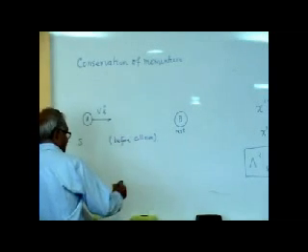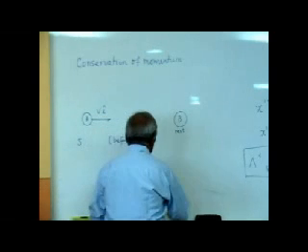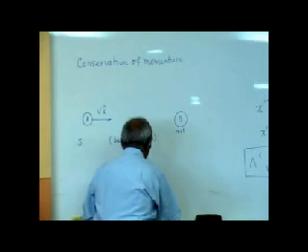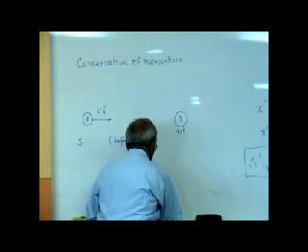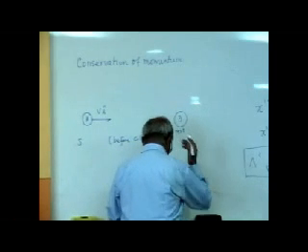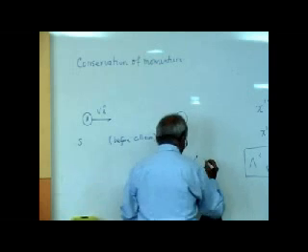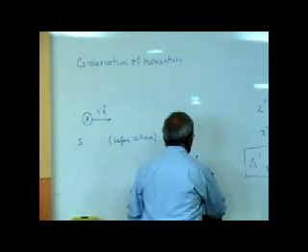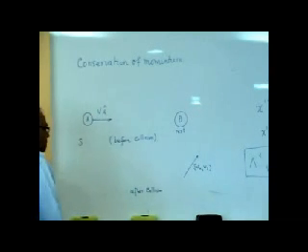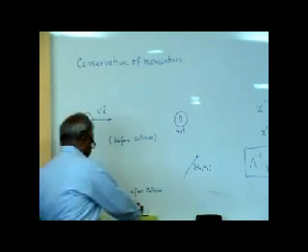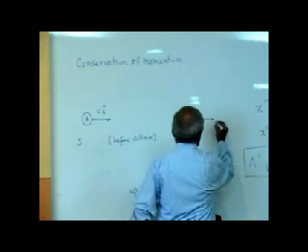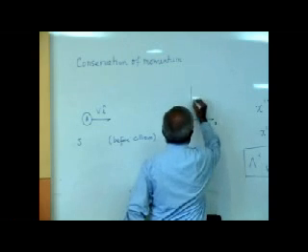After collision, I will write only the velocity, B moves with the velocity w. This is my x-axis, and that's my y-axis.